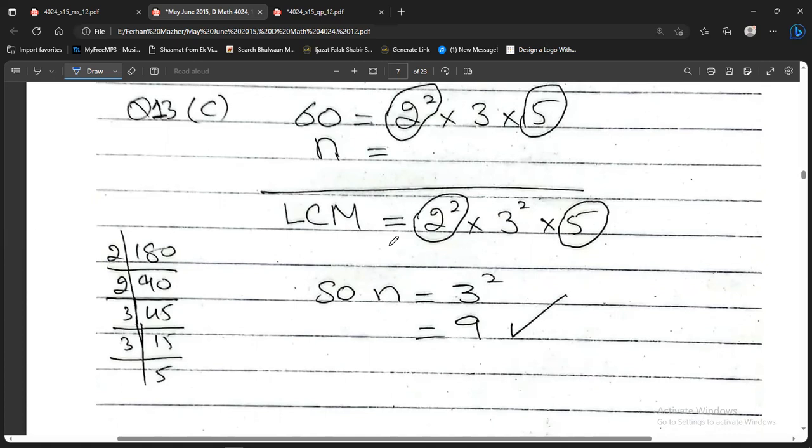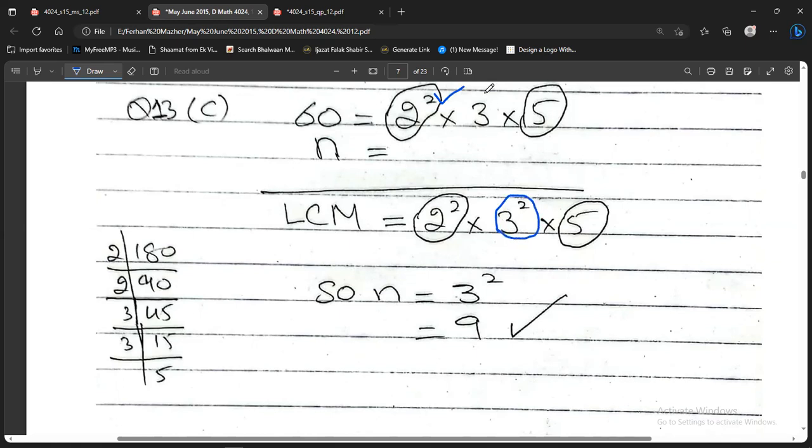Whenever we take the LCM of two numbers, we always write the common factors and we note the largest power of the common factors. We also write down all the factors which are not common. The common ones are also written, the not common ones are also written. So look at this LCM. This 2 square came from where? It came from probably here. This 3 square comes from where?